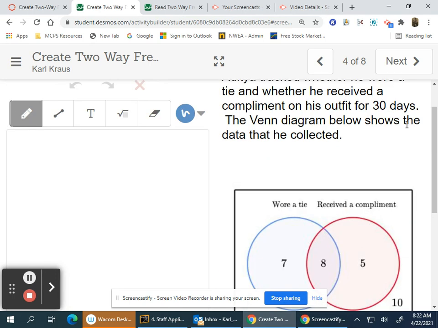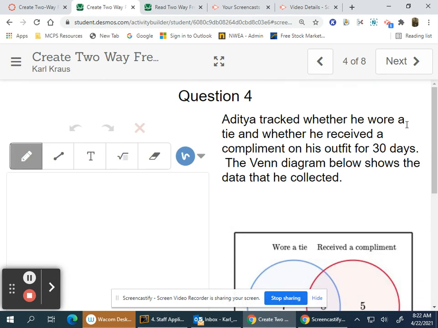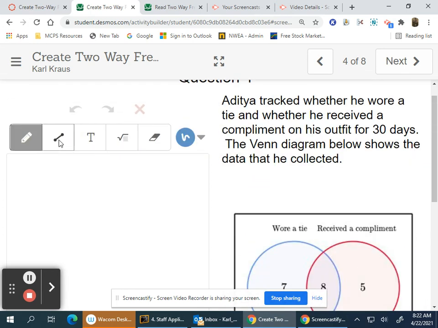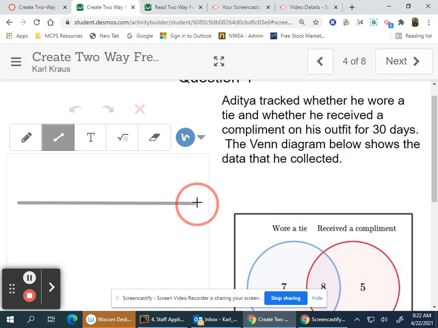All right, so on this one, Aditya tracked whether he wore a tie and whether he received a compliment on his outfit for 30 days. The Venn diagram below shows the data that he collected. So once again, I'm going to make the two-way table here.